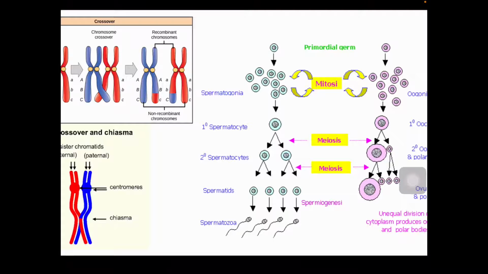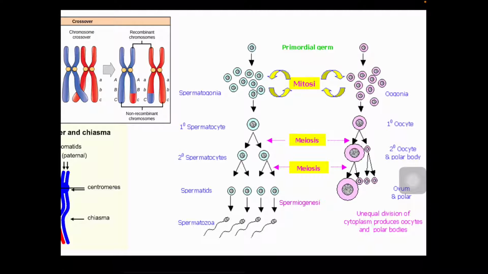The primary spermatocyte then undergoes meiosis 1, forming 2 haploid secondary spermatocytes, which continue with meiosis 2, forming 4 spermatids that mature into spermatozoa.